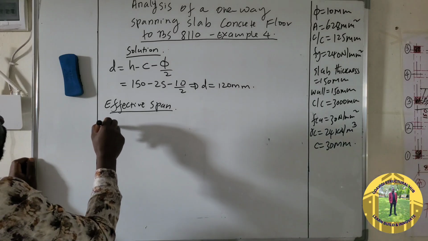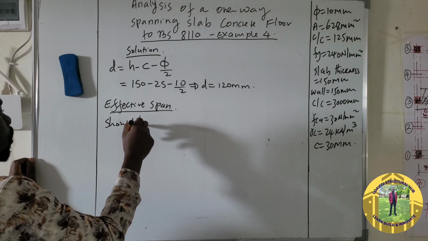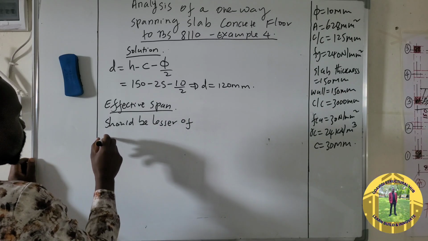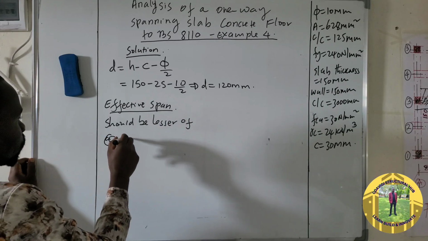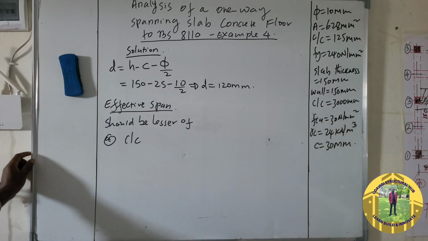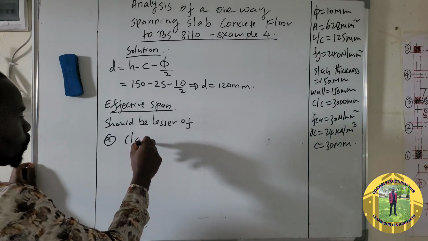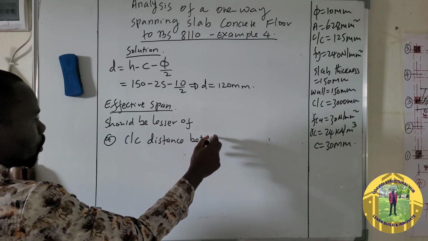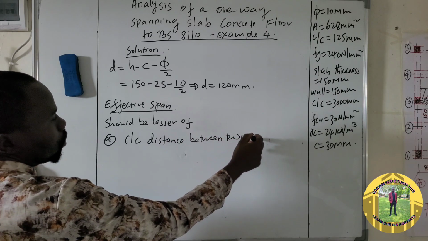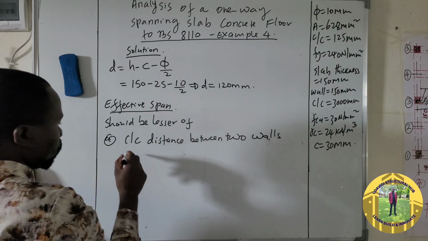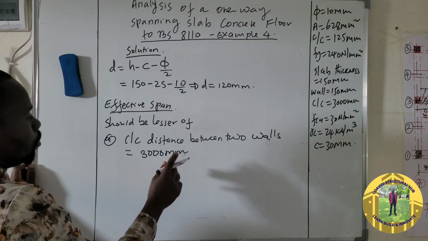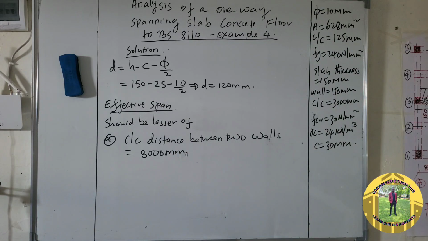So this one should be the lesser of: A, the center to center distance between two walls. So this one is equal to 3000 millimeter. Maybe I can draw a sketch to illustrate this.